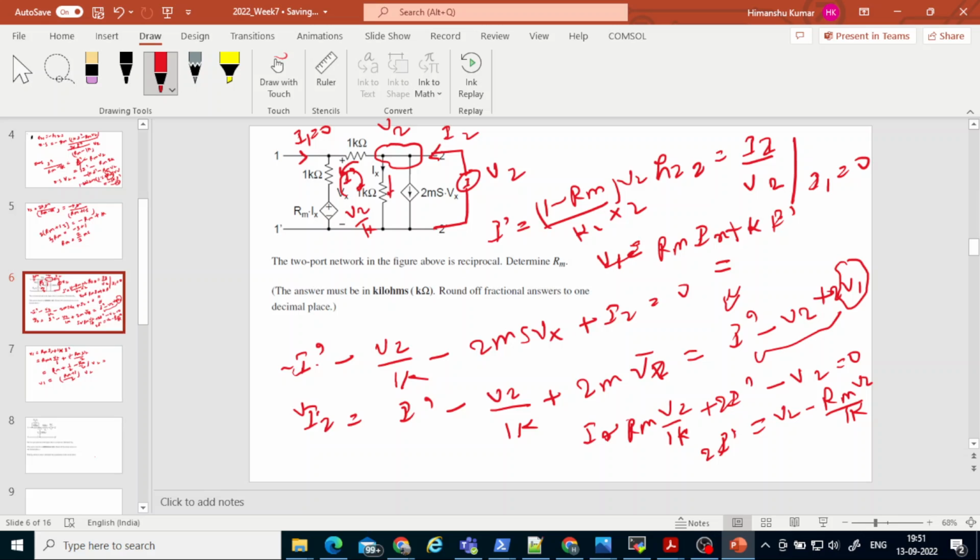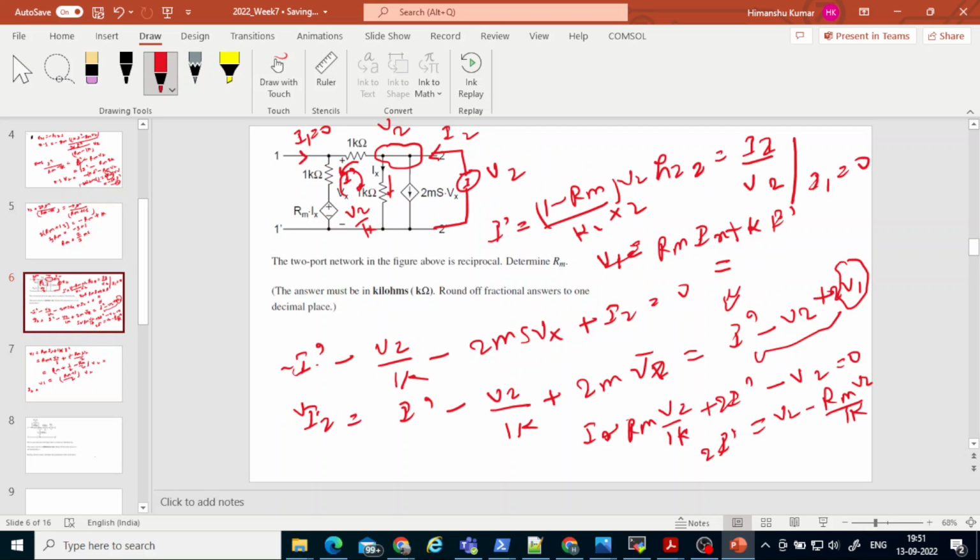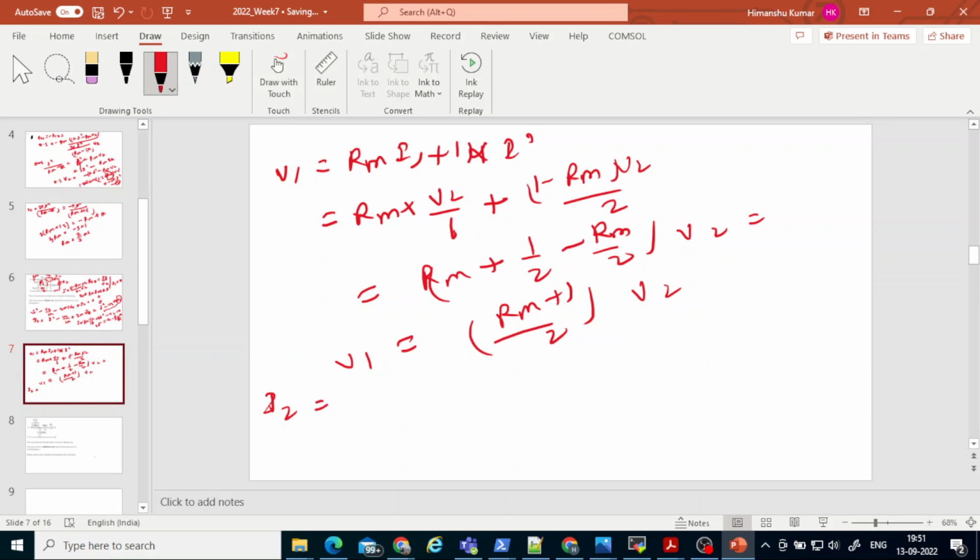So I2 will be equal to I dash minus V2. What is I dash?